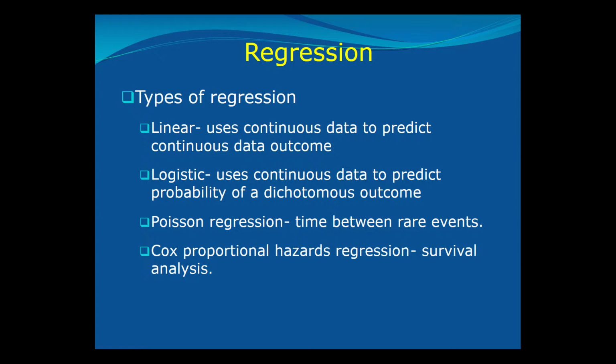Logistic uses continuous data to predict probability of a dichotomic outcome. Poisson regression, time between rare events, and Cox proportional hazards regression. We use it to estimate survival in survival analysis.